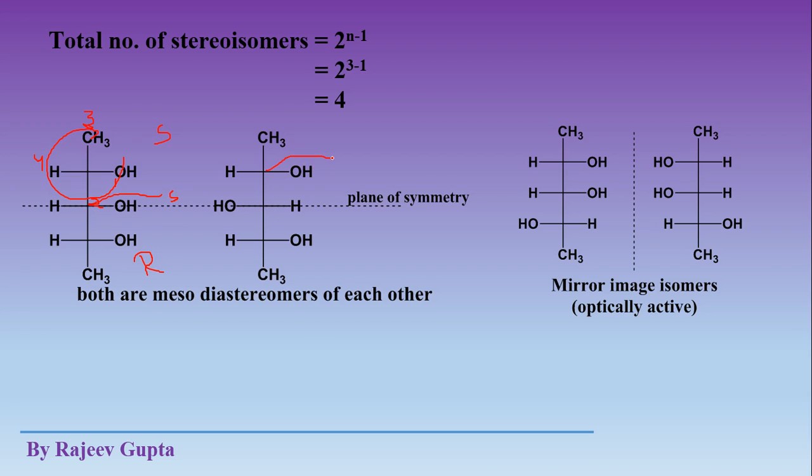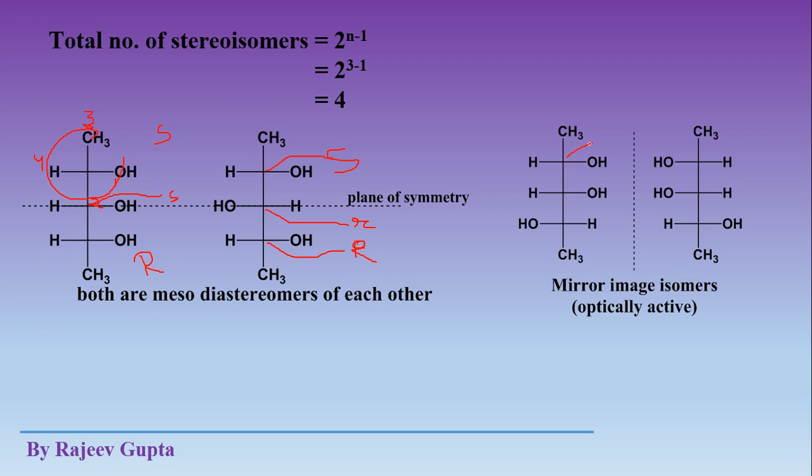Now what is the chiral descriptor for this? It is also R, because these two are not mirror images, so the configuration will be the same. OH is present on the right-hand side here, and OH is also on the right-hand side here, so it is also R. Now the configuration at this side is changed, here it is small r.